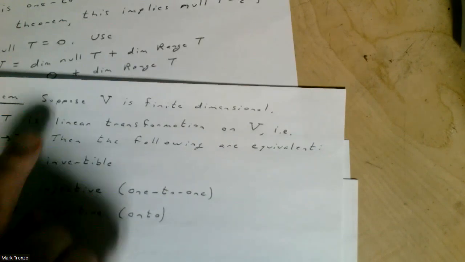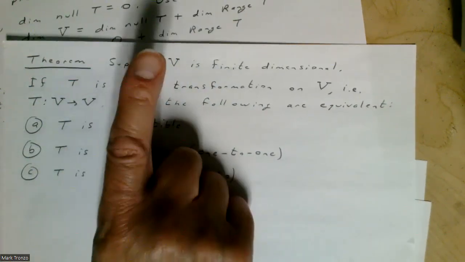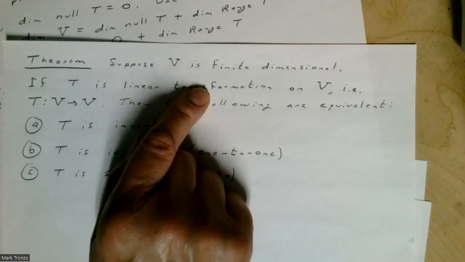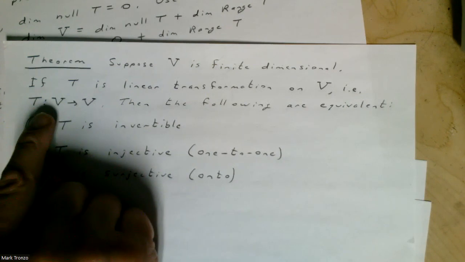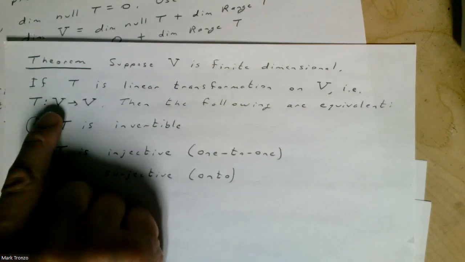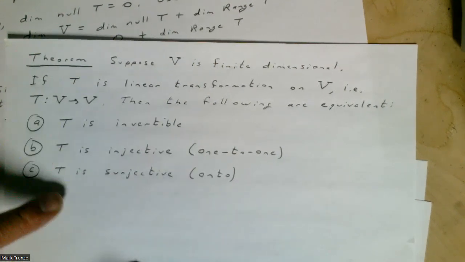In any case, that's a very important theorem: if you do have a finite dimensional vector space and you're doing a linear map from the space to itself, if you have any one of these, you have the other two.